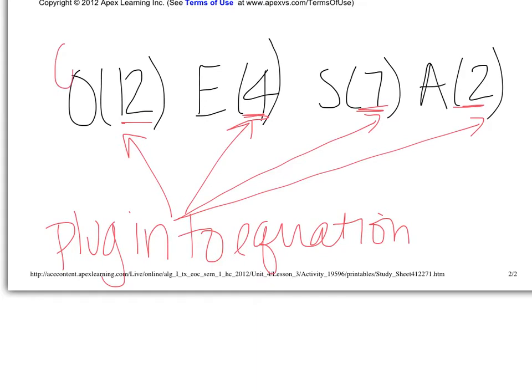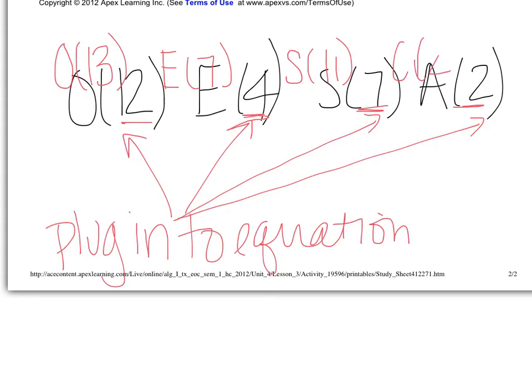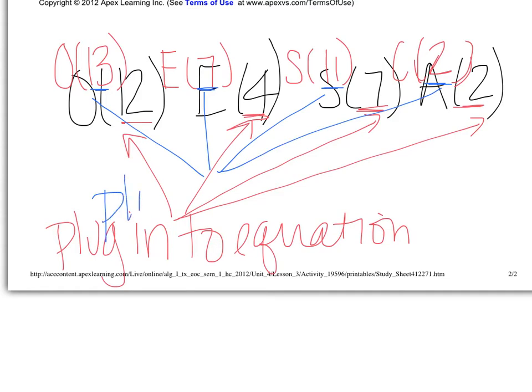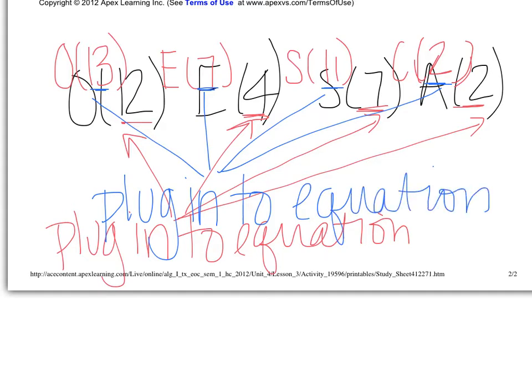When you see this notation, O of 13, E of 7, S of 11, C of 2, whenever you see something like this, and they're asking you what it is, all they're asking you to do is to take these numbers, whatever they are, and plug them in to the equation. You take these numbers and you plug them in, and you see what it gives you.